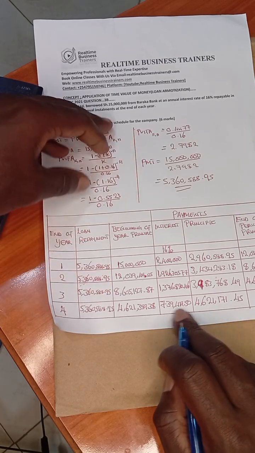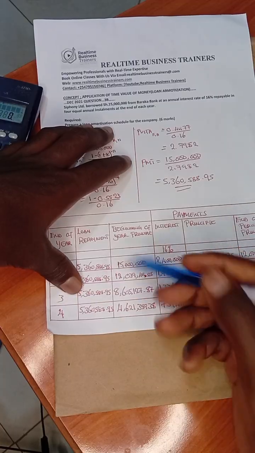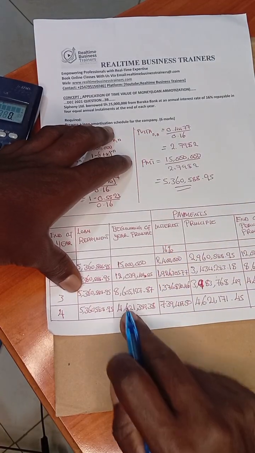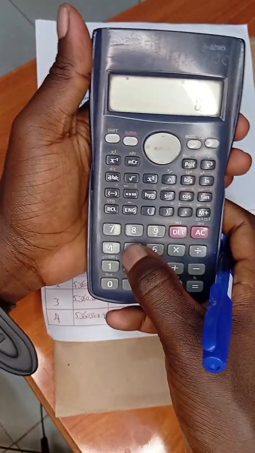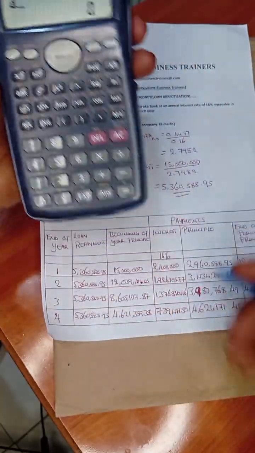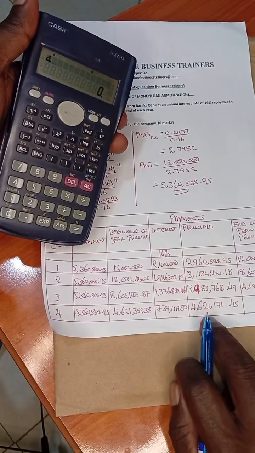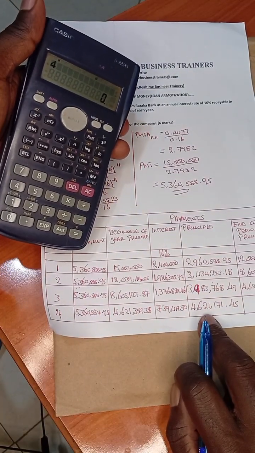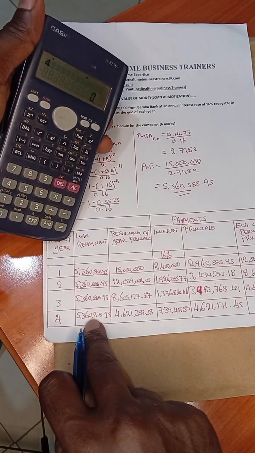739,417.50. So the final thing to do here is to subtract. To get this principal here, I said it's the installment, the repayment that was done in year 4.